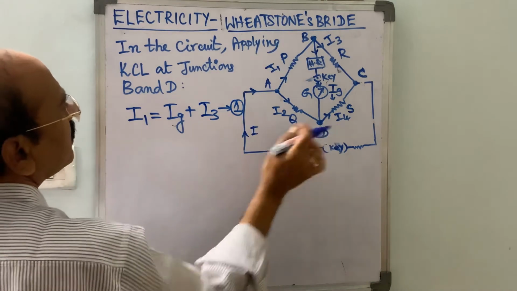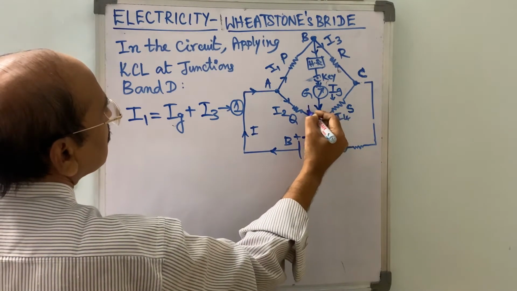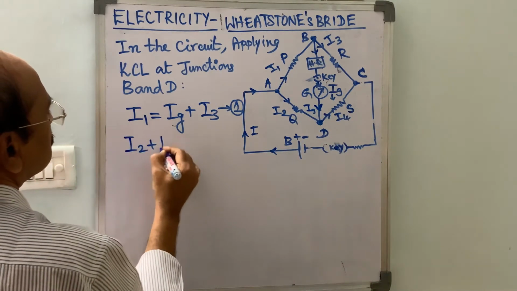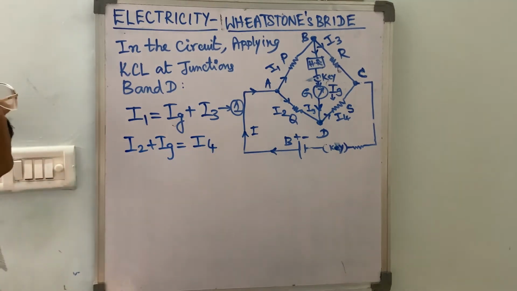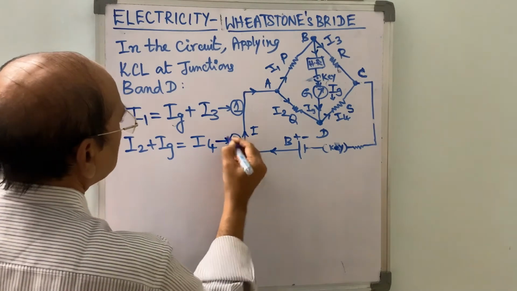And at D, I2 plus Ig is equal to I4. Let this be equation 2.